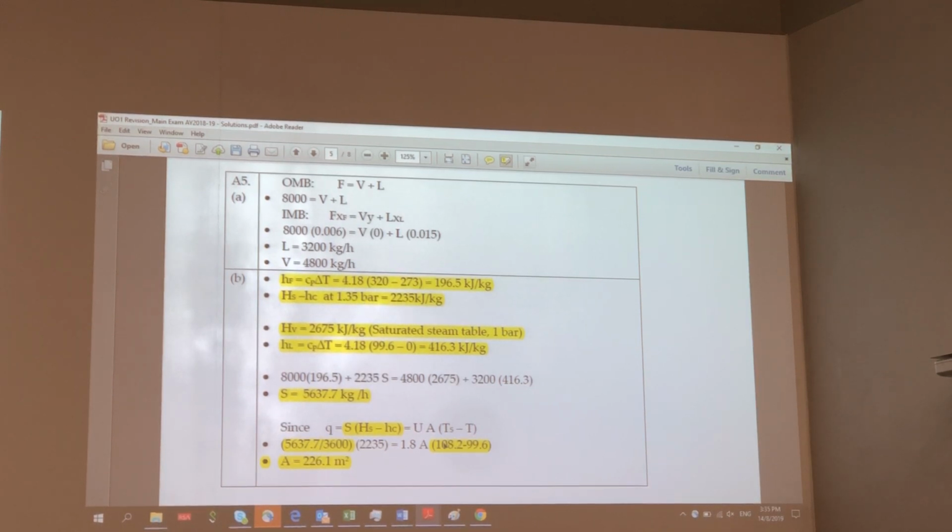So this is your actual temperature, 108.2. And then T here is the actual temperature of the boiling inside the evaporator. Are you all okay with this? Any questions? Okay, can we move on?